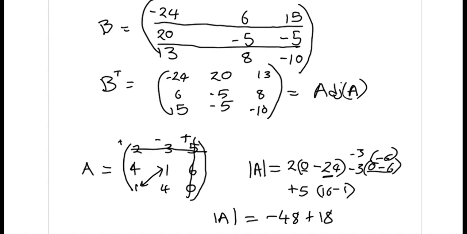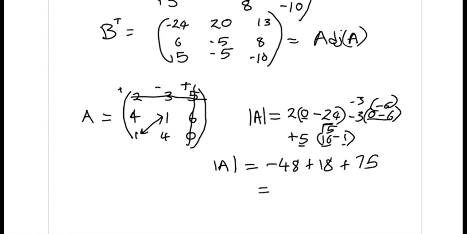Minus times minus is plus, and 3 times 6 is 18. Next, I have 16 minus 1 is 15, and 5 times 15 is 75, is positive. So minus 48 plus 18 plus 75, the answer is equal to 45. Therefore, the determinant of A is 45.